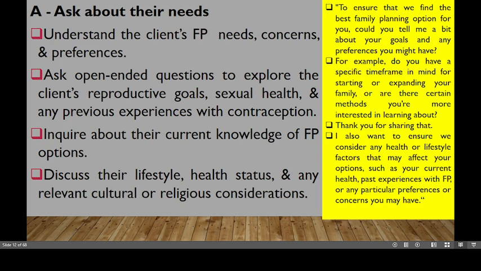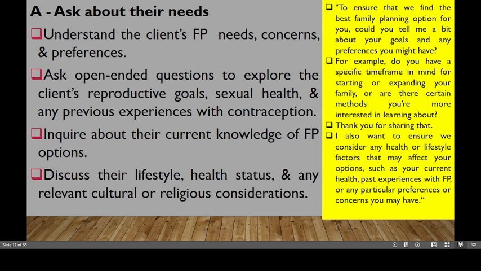You could say, to ensure that we find the best family planning option for you, could you tell me a bit about your goals and any preferences you might have? For example, do you have a specific time frame in mind for starting or expanding your family? Or are there certain methods you are more interested in?